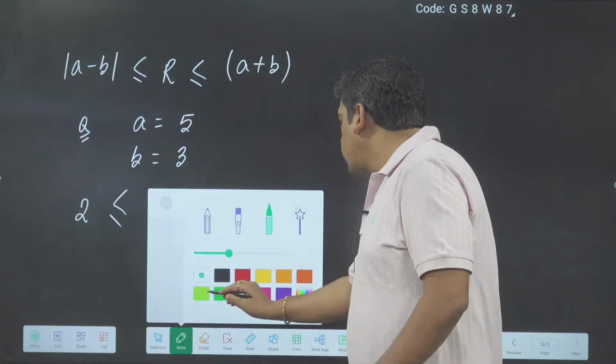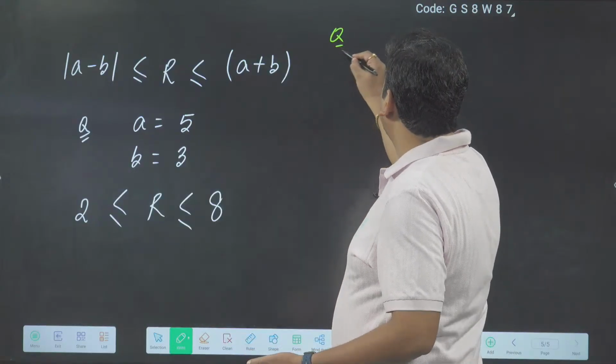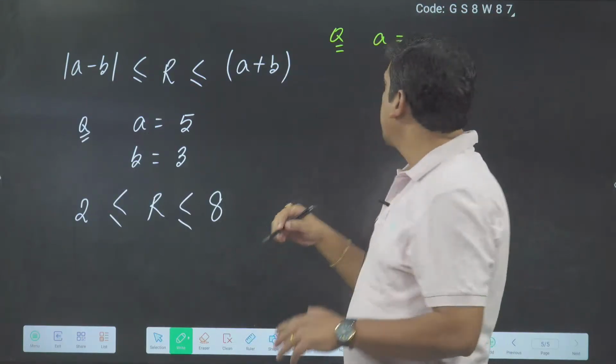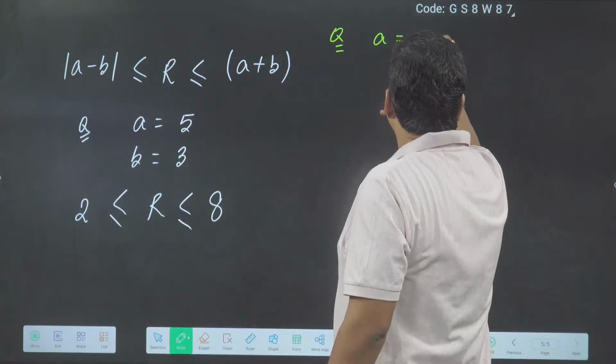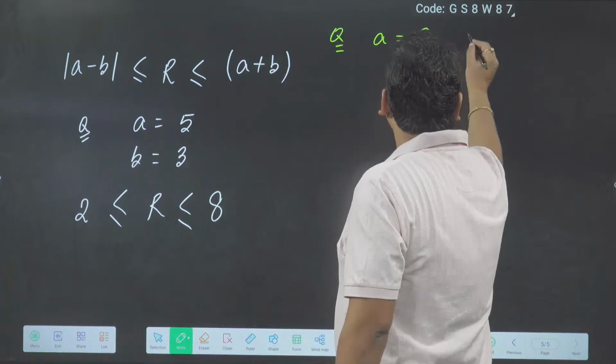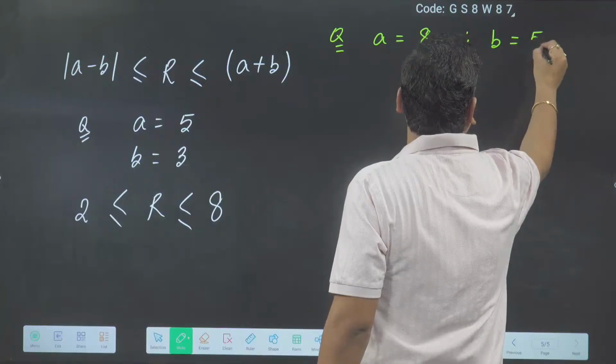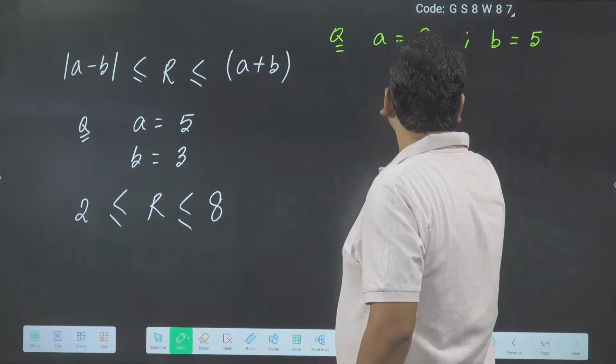The same type of question can be given in another form. They will say, let's say two vectors which we are supposed to add have magnitudes 8 and 5.